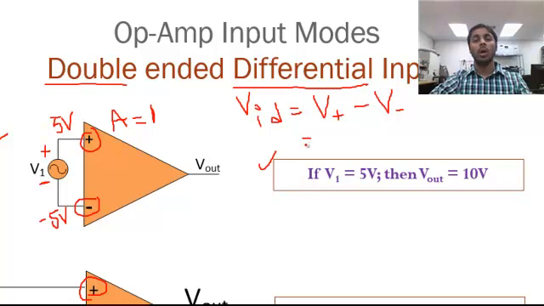So in this particular example, the voltage at the non-inverting terminal is 5 volts minus the voltage at the inverting terminal, which is negative 5. That gives you 10 volts differential input, and with a gain of 1, 10 times 1 is 10 volts. So the output is going to be 10 volts.